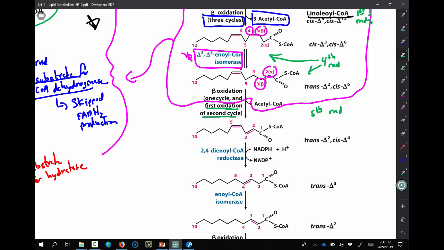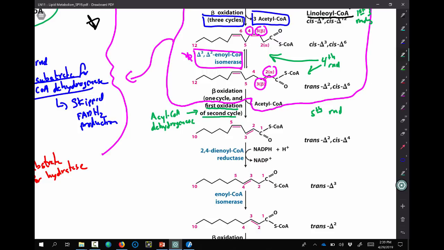The 5th round starts like any other round in beta oxidation. It starts with acyl-CoA dehydrogenase. They even say it, first oxidation of 2nd cycle. So this would be acyl-CoA dehydrogenase, which is the first step in a round of beta oxidation.